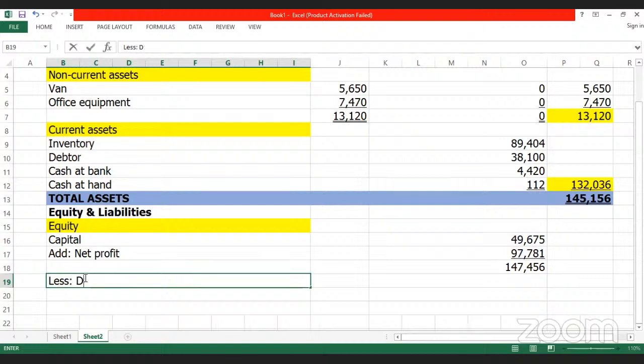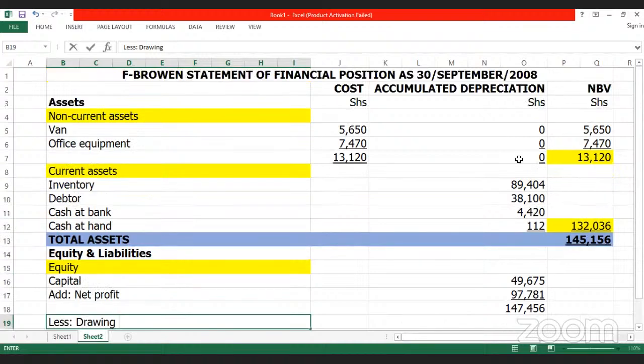Now, someone is asking, why are we recording the current assets under the column of accumulated depreciation? Remember, this column of accumulated depreciation just works on the non-current assets. Yes, I have three columns: the cost column, the accumulated depreciation, and then the net book value. For the rest of the items, don't mind the naming of the columns.